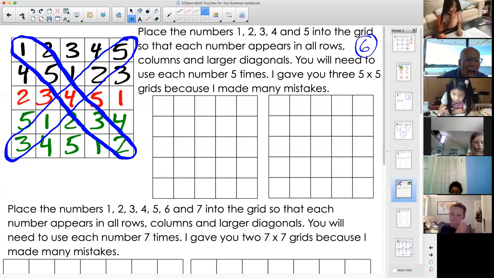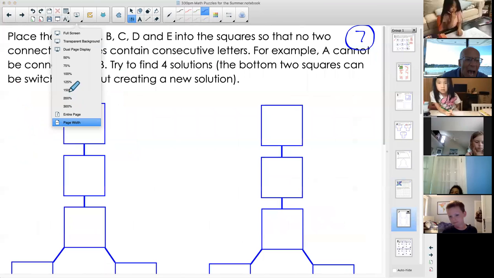Now, we're going to try this next puzzle. And it is a great one. And let me explain to you how it works. Are you ready? Here's how it works. We have to place the letters A, B, C, D, and E in each of these boxes.